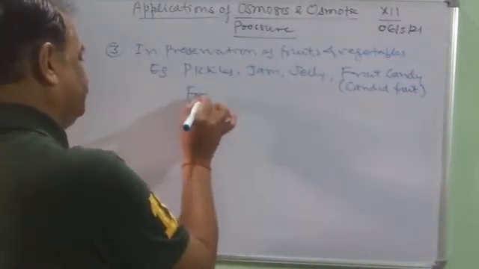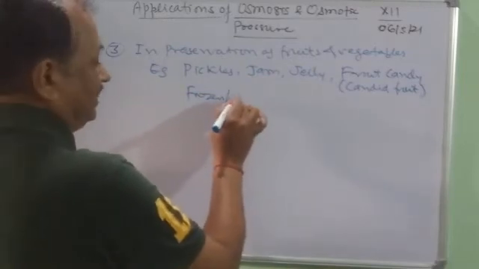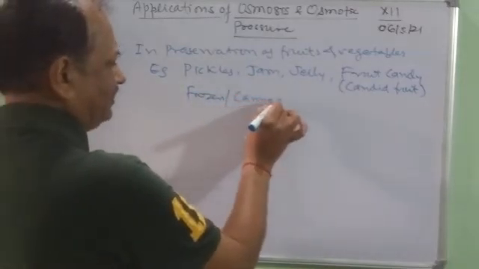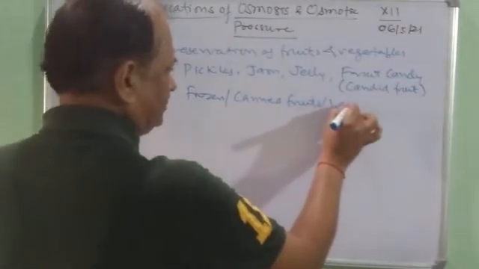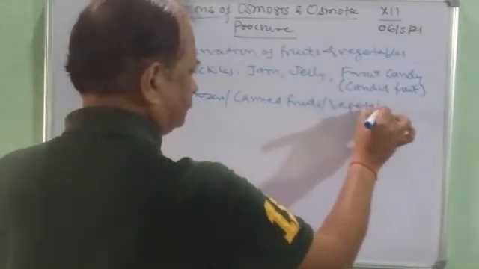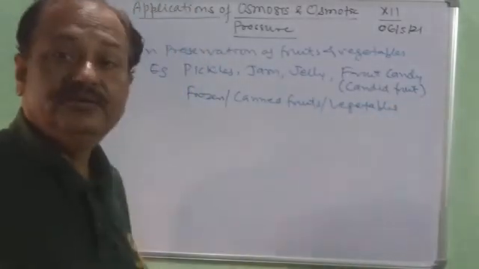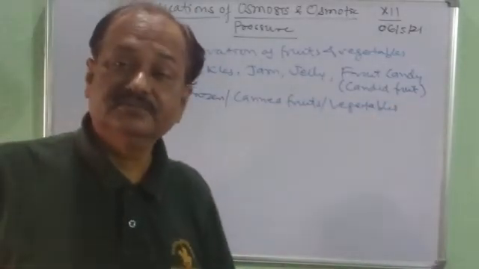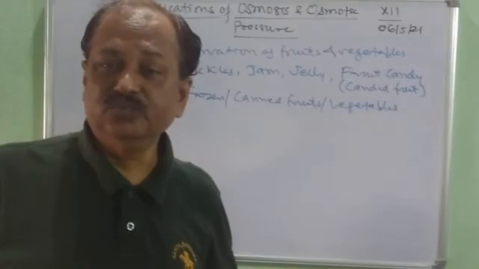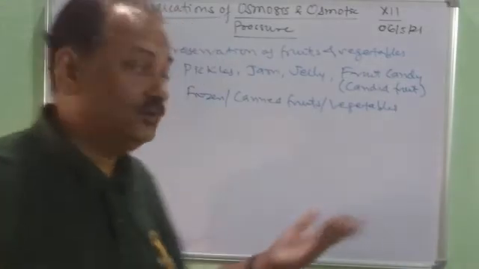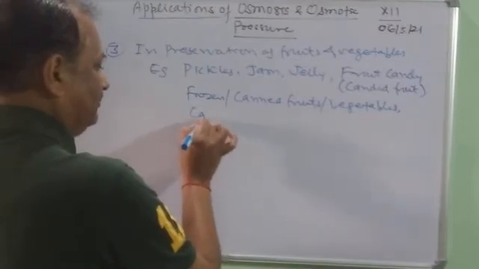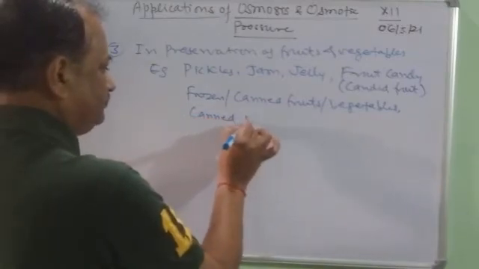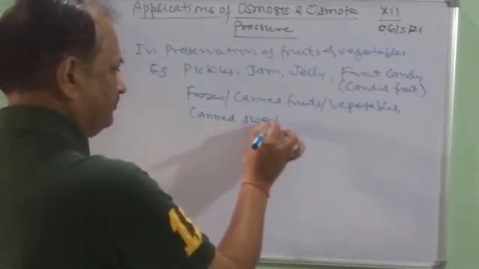frozen or canned fruits, vegetables, all we see. And a very simple point, children: even sweets, rather, we can have canned sweets.